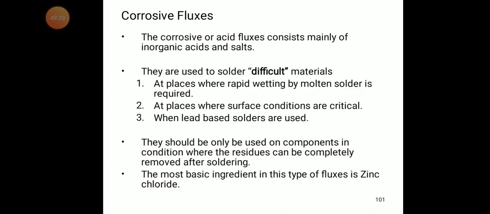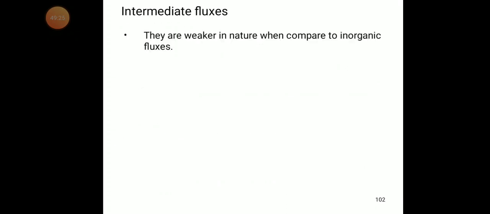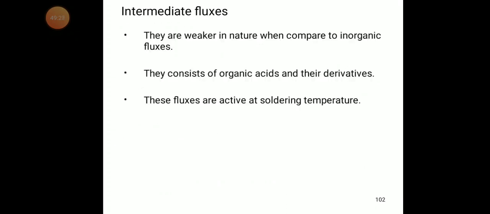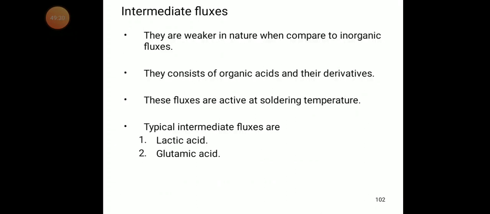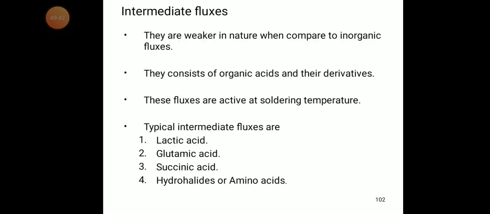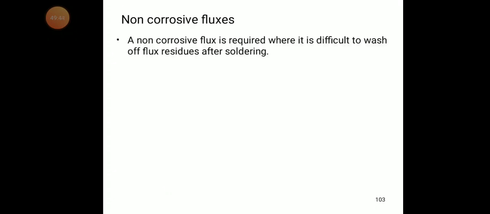The most basic ingredient in this type of flux is zinc chloride. We have many fluxes, intermediate fluxes like lactic acid, glutamic acid, succinic acid, all of these, and for the hydrochlorides, amino acids are also used.